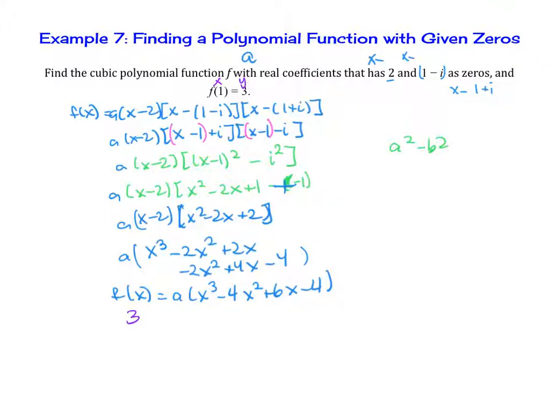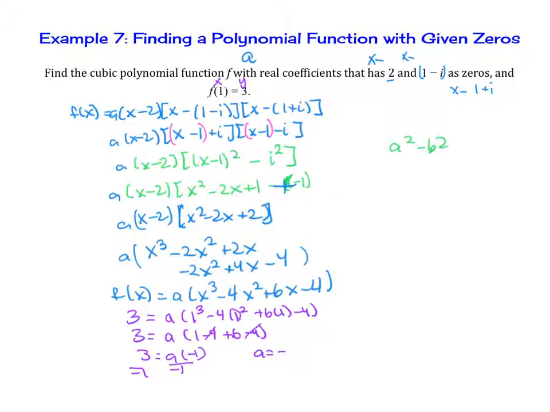So f of x, that is 3, equals a times 1 cubed minus 4 times 1 squared plus 6 times 1 minus 4. So 3 equals a times 1 minus 4 plus 6 minus 4. So 3 equals a times negative 1, so divide by negative 1. So we know that a equals negative 3. I said negative 1, I just wrote the wrong thing. So a equals negative 3.